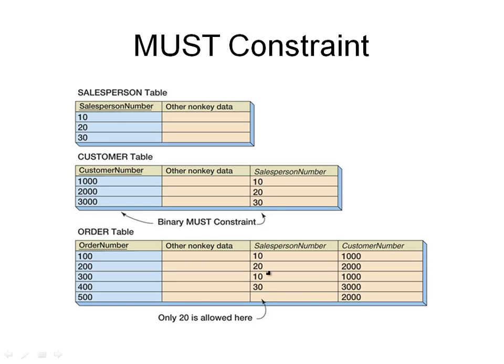So if we look at the must constraint, since I have here 2,000 and I have constraints that were related to the table before, the customer table, then looking at the 2,000, only 20 is allowed to be here. So now the constraint forced only one number. If I put 10, it will give me an error. If I put 30, it will give me an error. And that will force the integrity between these tables, the relationship integrity between these tables.